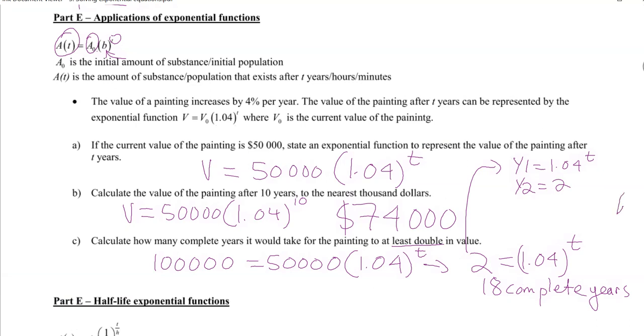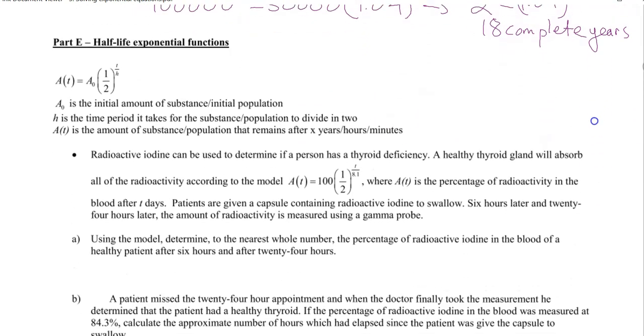So I got these wrong, didn't I? 50,000, 1.04 to the t, and 100,000. Oh, I divided it. I should have done that. Sure worked, but I was graphing 50,000, not 2. That's why that didn't work.